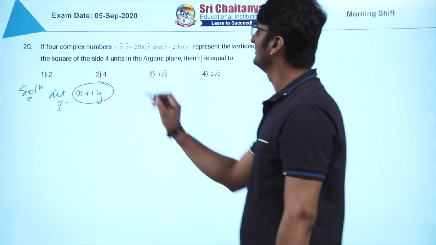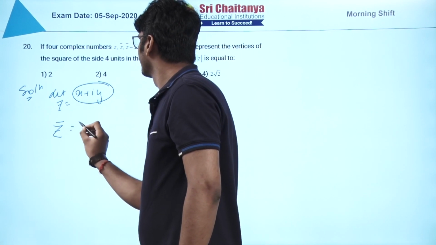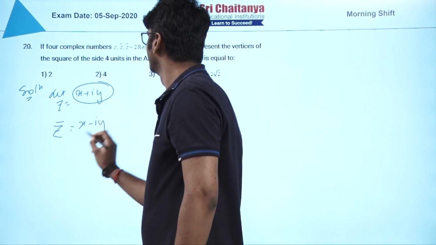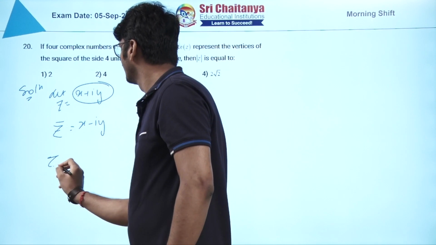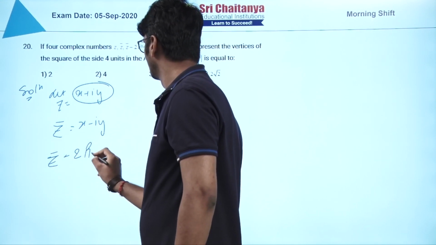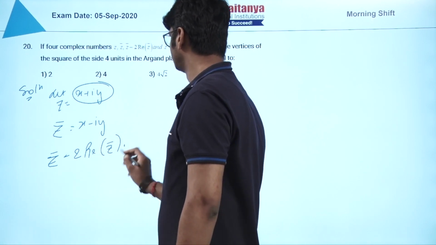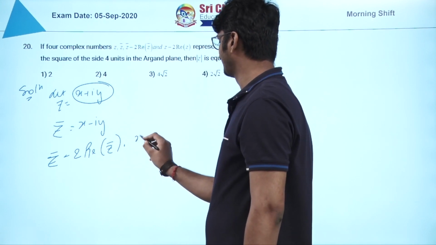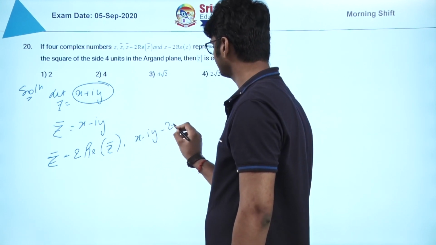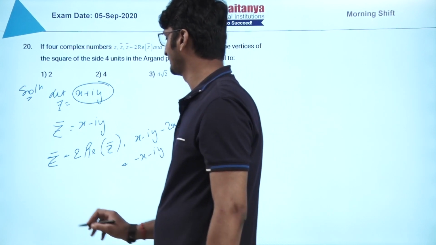Suppose so, what will be my z bar? x minus iy. What will be z minus 2 times the real part of z bar? So it will be x minus iy minus 2x, that is minus x minus iy, correct.